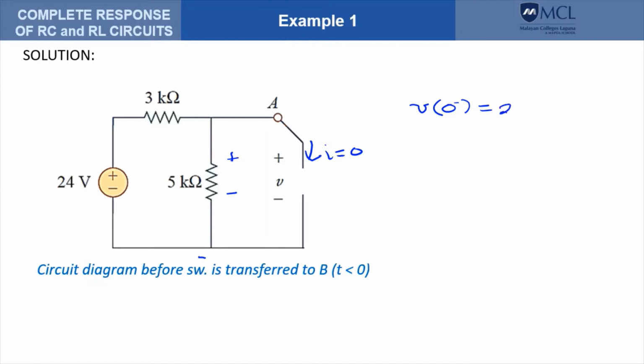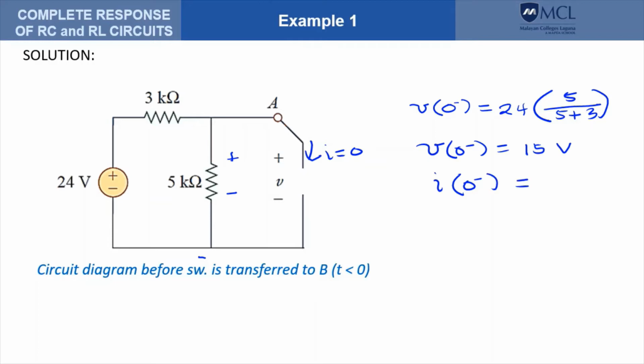That would be 24 times a factor, which is 5 kilo ohms divided by 5 plus 3, and that should give us 15 volts. Let us also include the current. Here this should be 0 amperes.